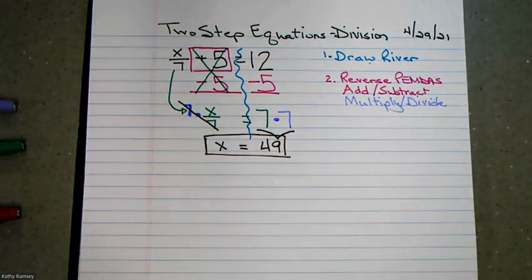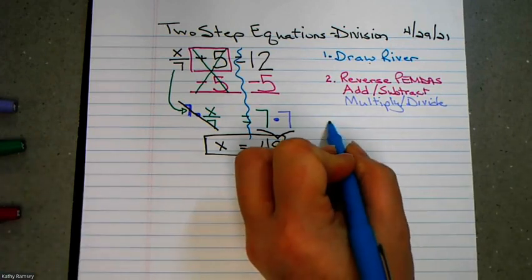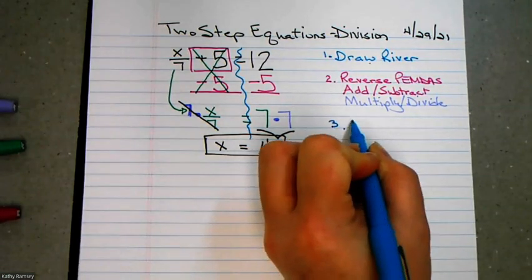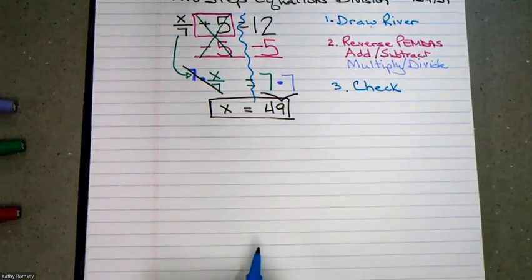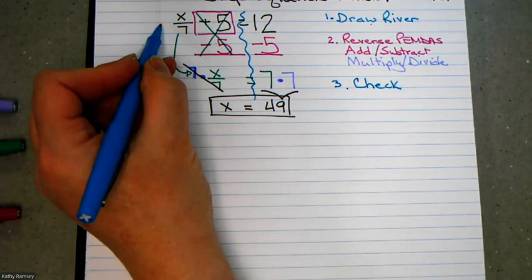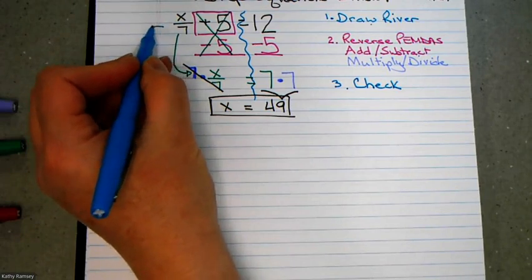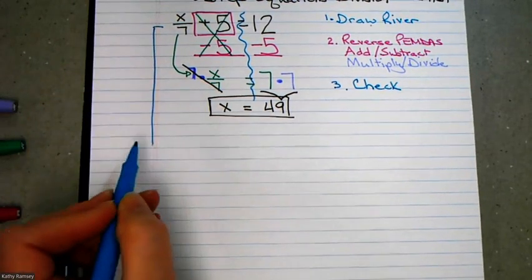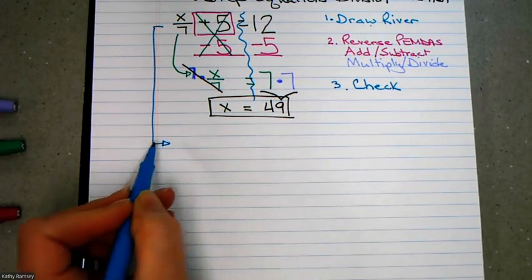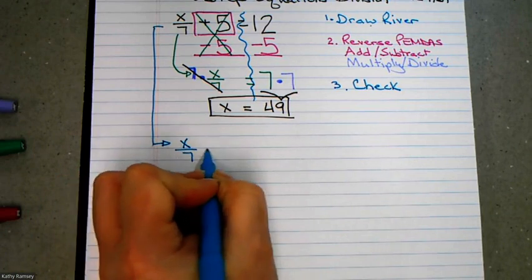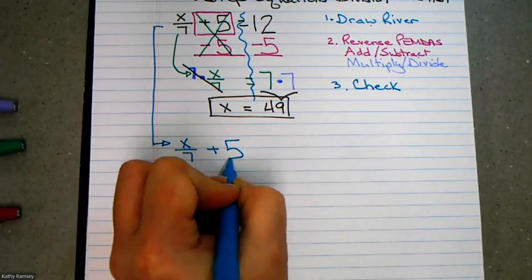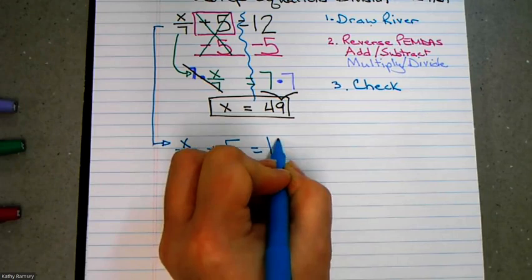but we know we're not done because the next step is to check. So we're going to take this equation and bring it clear down here. And we're going to say x over 7 plus 5 equals 12.